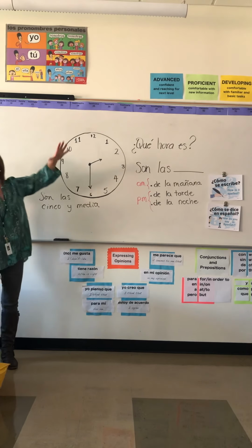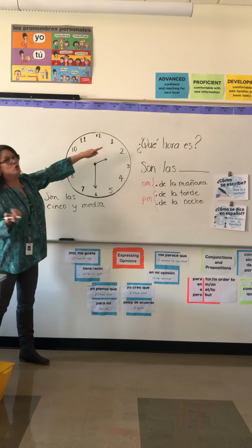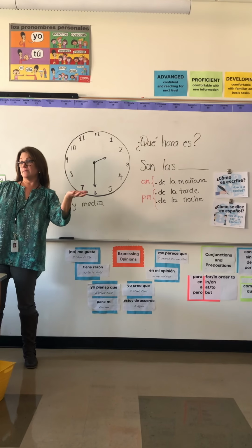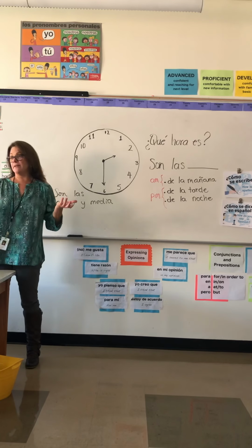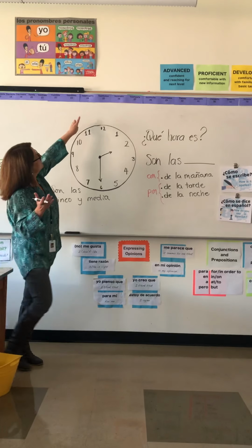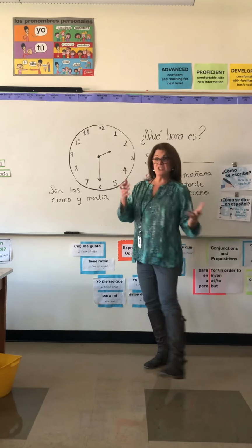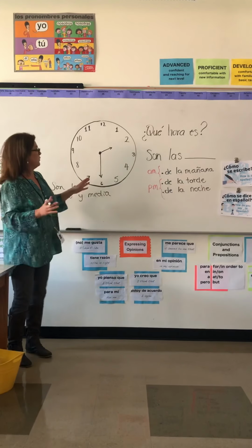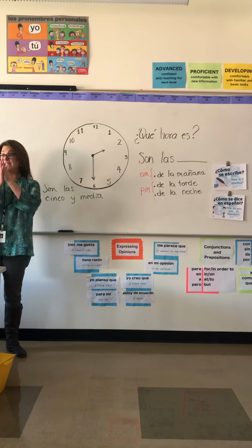Now, if it's like 5:10 or 2:10, I would say las 2 y 10. What's 10? Yes, so I would just say las 2 y 10. What if it's 5:40? Las 5 y 40. What's 40? Yes, so most of them you can just say the number, but for now we're going to learn y media.